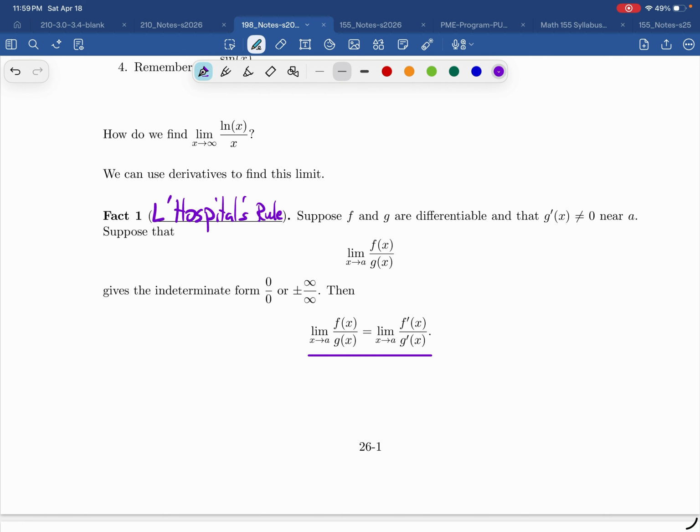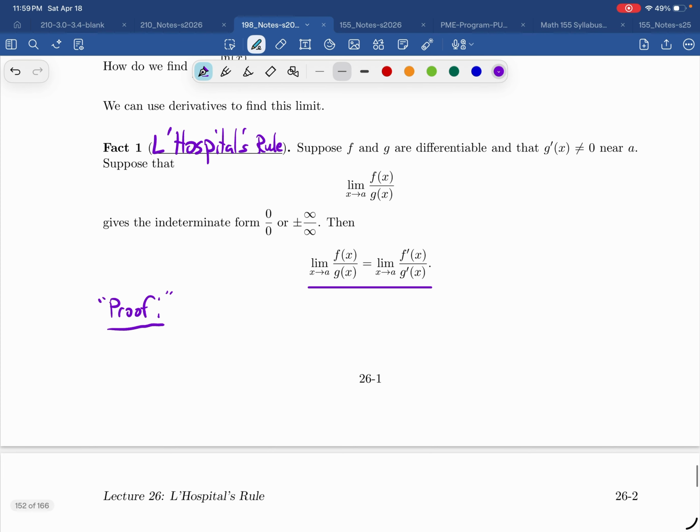Now, a quick little proof as to why this works. This is an oversimplification, similar to what the book has. I'll do it a little differently from the way the book does it. Recall that if f of a equals g of a equals 0, then remember the definition of the derivative?